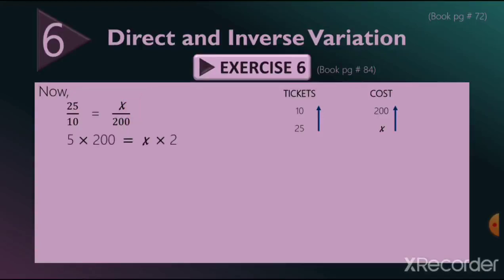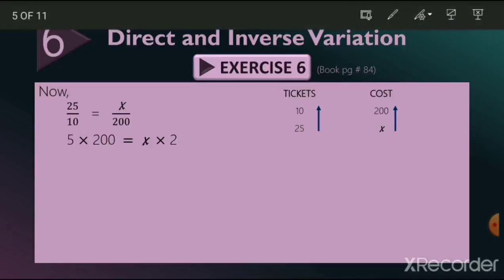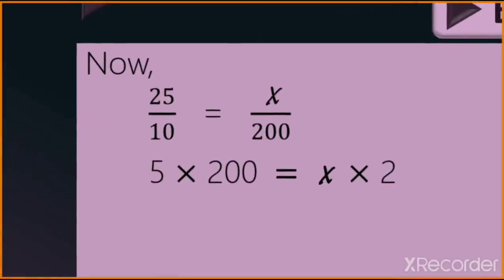Now as you see here, this 10 and 25 can be cancelled with the same number. So if we divide it with 5, 5 2s are 10 and 5 5s are 25, and here we are going to do the cross multiplication.